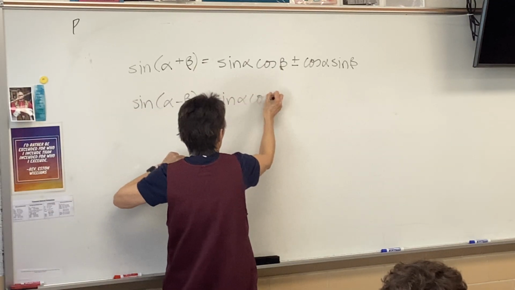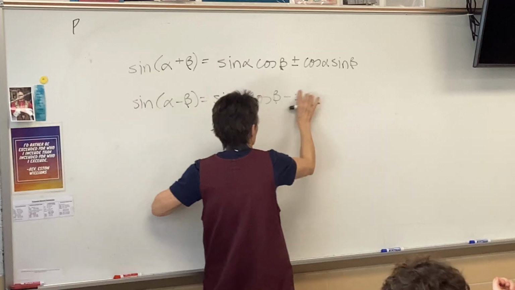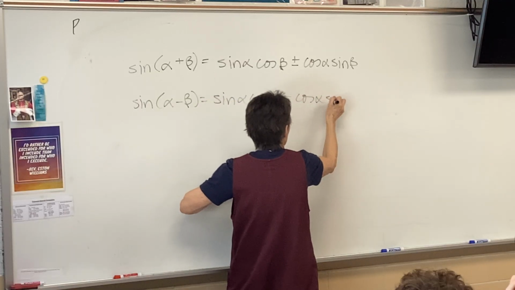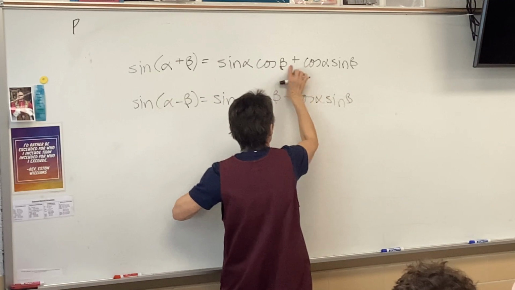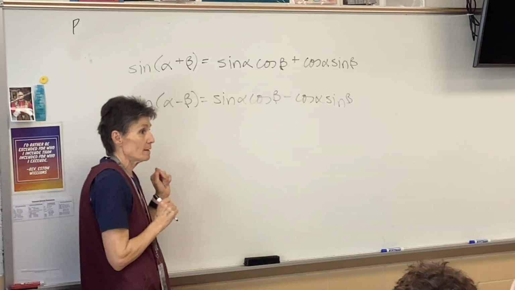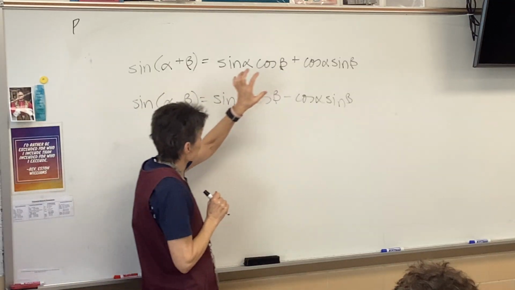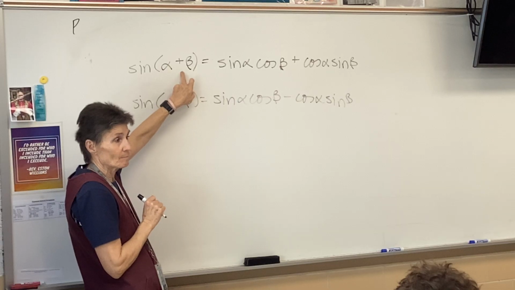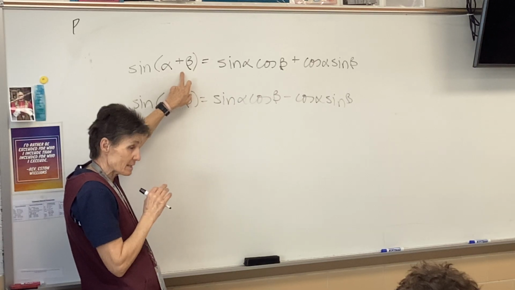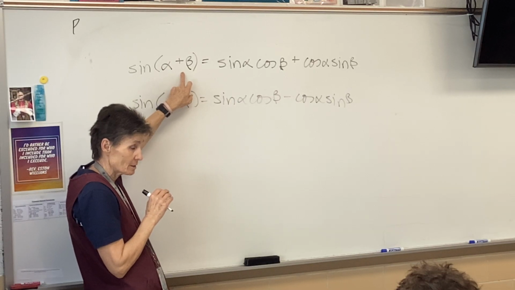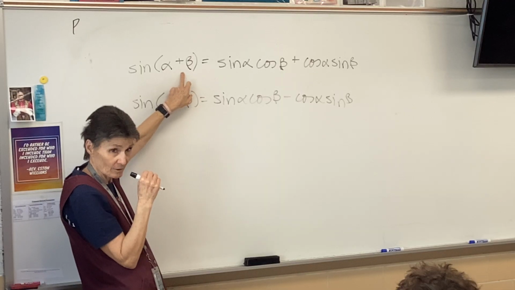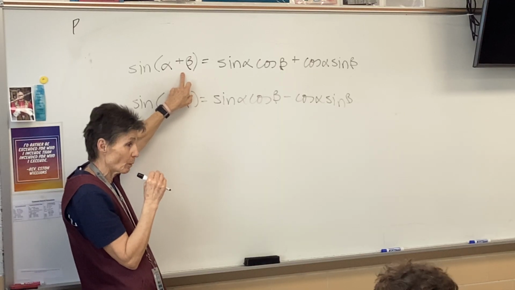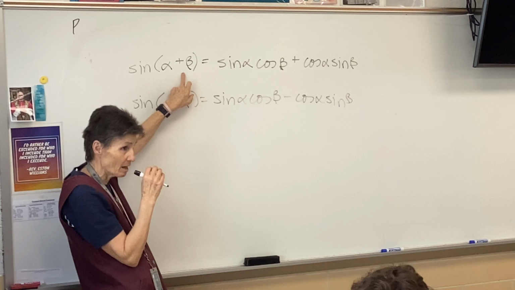If I wrote them separately, it would look like this. Okay, so in other words, the sign in the formula matches the sign in the problem. So again, this is if you have two angles that you are adding together, and you want to know what the sine of that sum is.